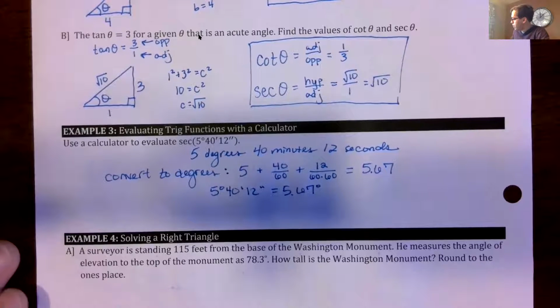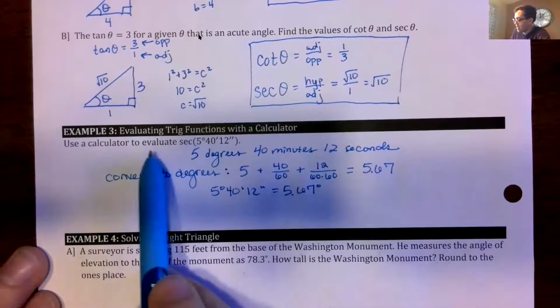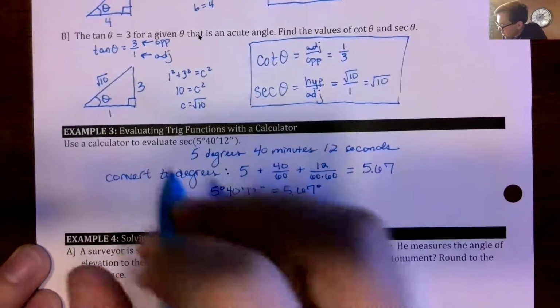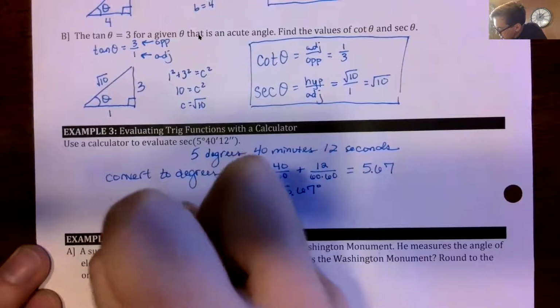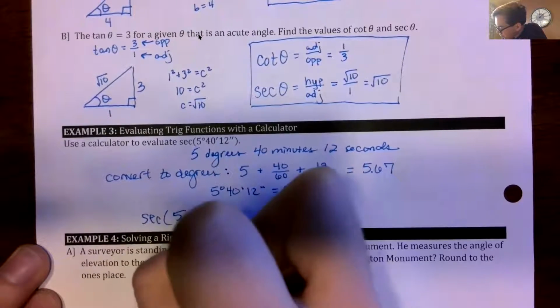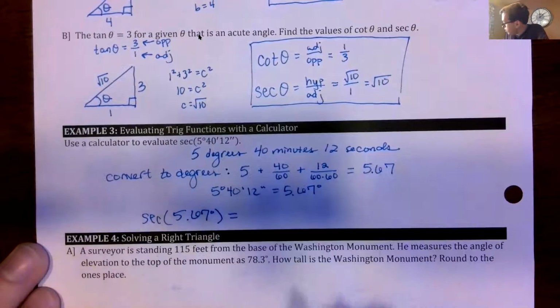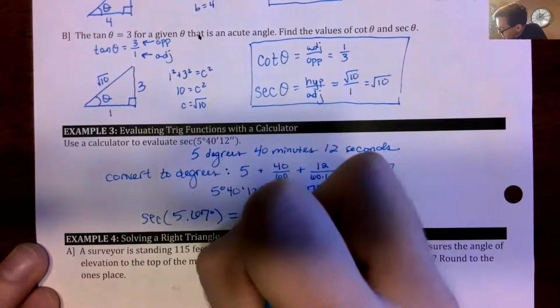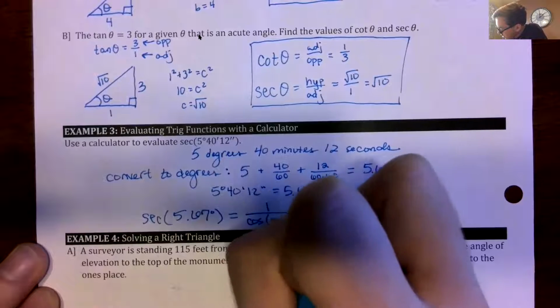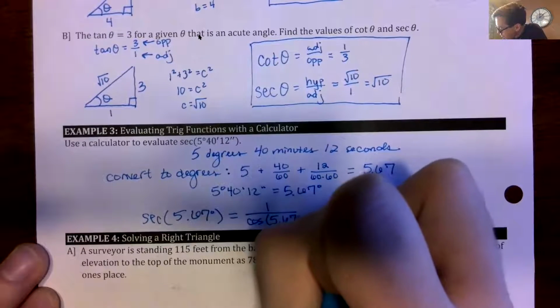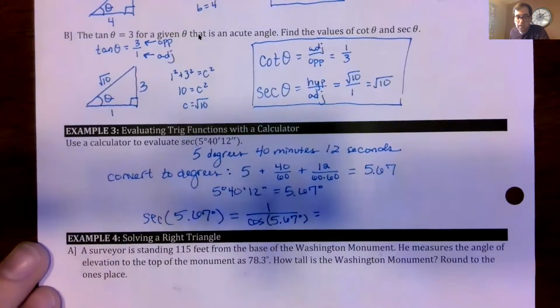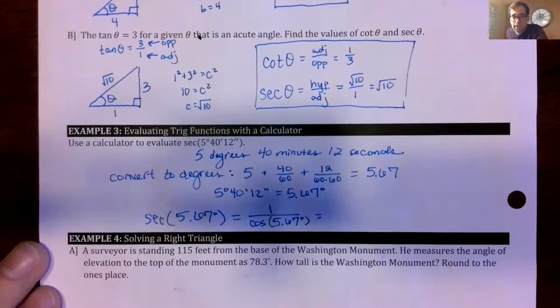All right, so now we are going to actually calculate this answer. So to find the secant of that, which we're now going to think of as 5.67 degrees, secant is 1 over cosine. So in our calculator, we can type that in as 1 over cosine of 5.67 degrees, because our calculator doesn't have a secant button.